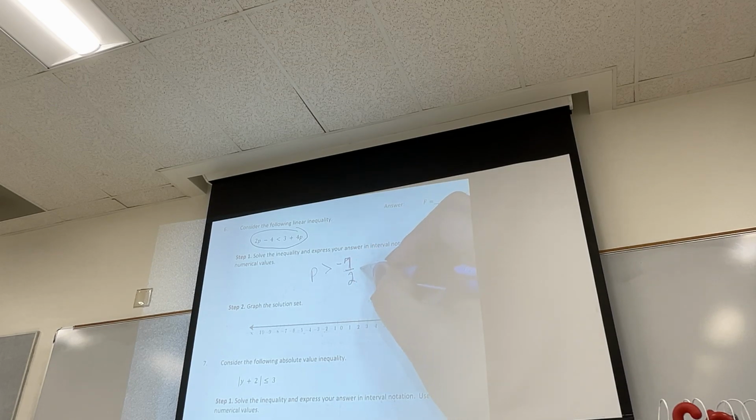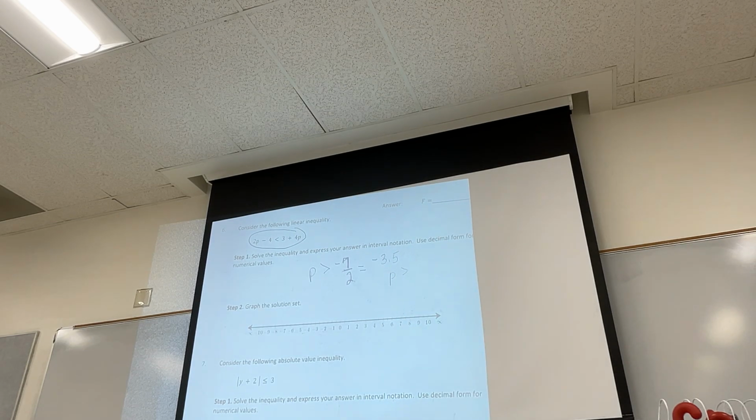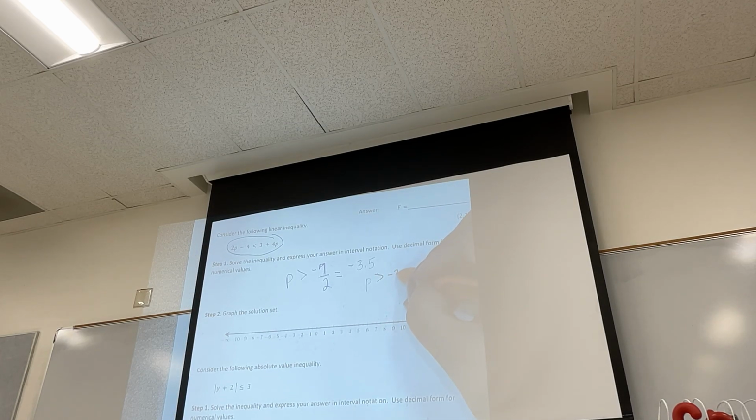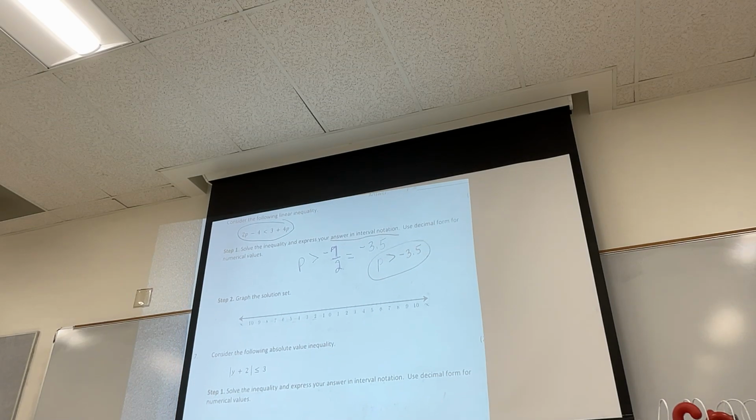Okay, what would that be, please? Negative 3.5. So p is greater than negative 3.5. Okay, that's a decimal. But we still want the answer in interval notation. But if we can't see that, I encourage my students to graph first, then pull it off of there for your interval notation. So let's go to step 2.